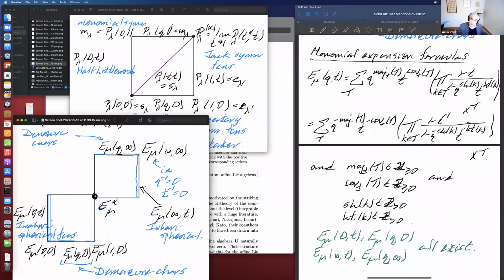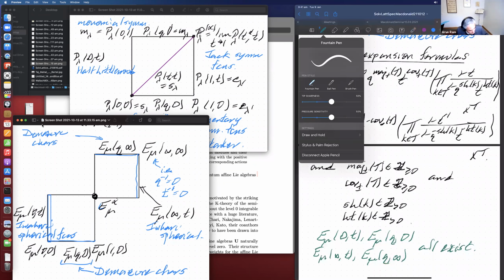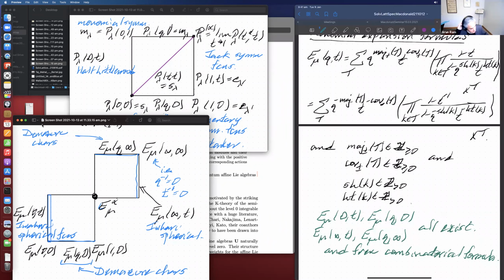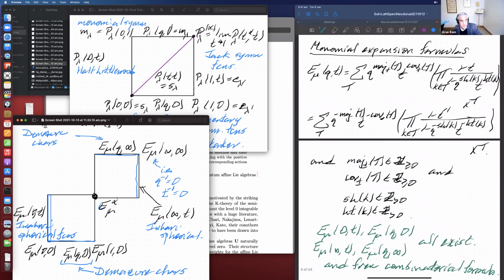And so immediately I have combinatorial formulas for these guys. We get combinatorial formulas for free. Okay, so that's reassuring. We can sort of control what's going on. And when you look at these formulas, maybe I'll copy this so that it doesn't disappear too quickly.